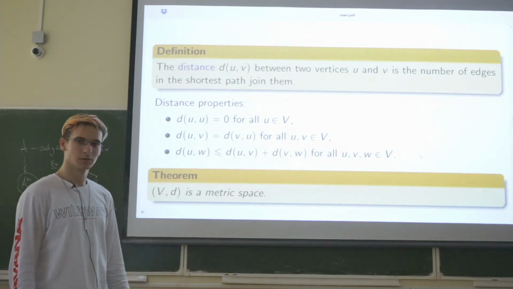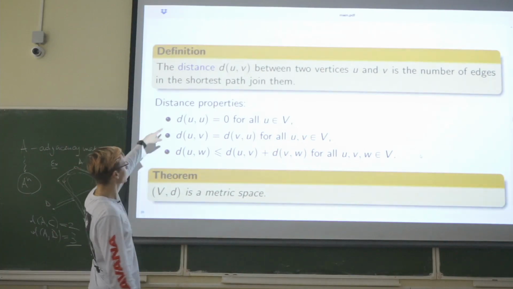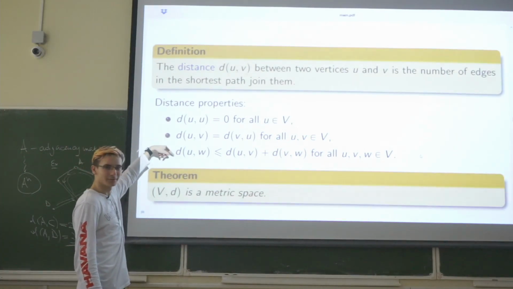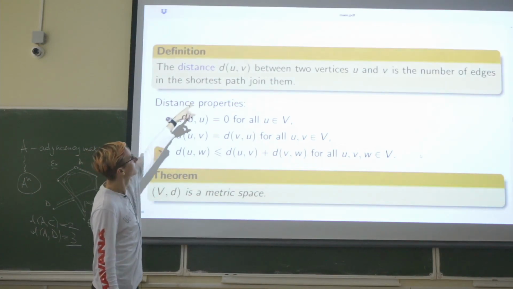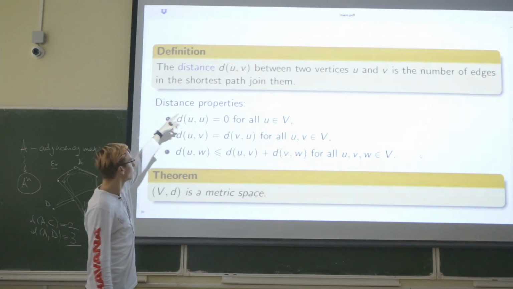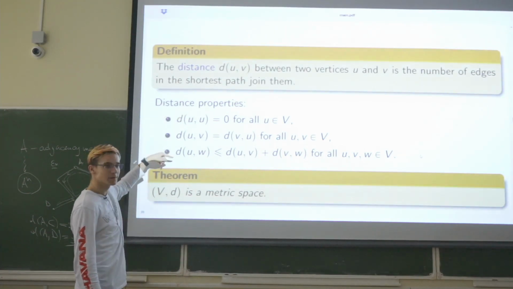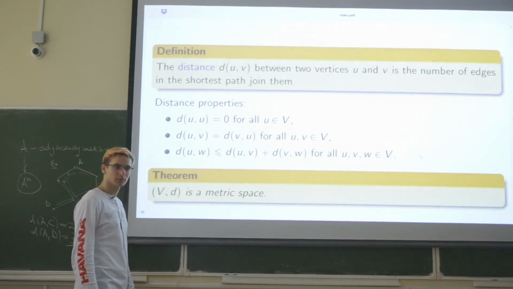You have metric space, yeah? And you say that it's a metric that has properties 1, 2, 3, yeah? So if we set distance and try to prove these 3 properties, then we say that it is a metric space, okay?